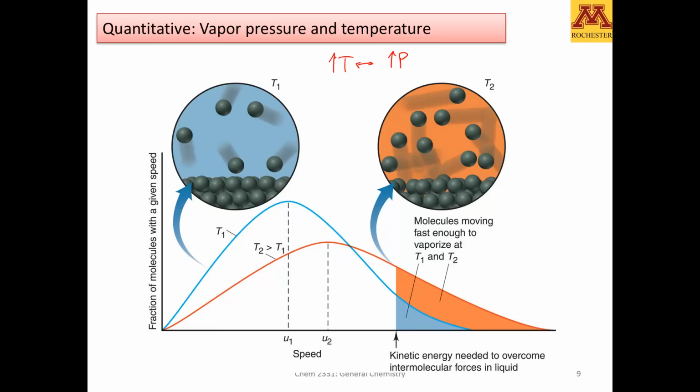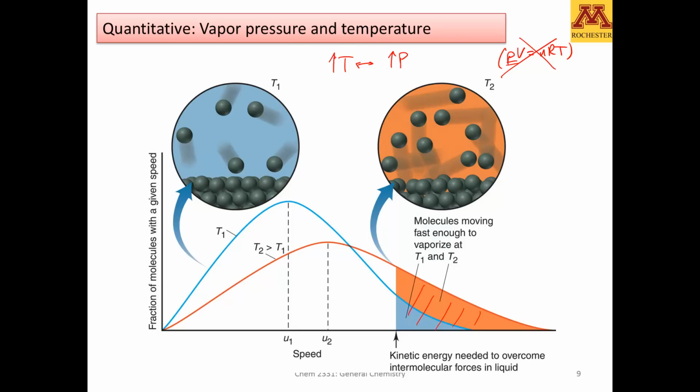In PV equals nRT, you had a pure gas, and this would not be the vapor pressure. This is the total pressure of the gas. So please do not apply blindly PV equals nRT. What this graph is trying to tell you is that the fraction of molecules ready to be vaporized will always be larger the larger the temperature is.